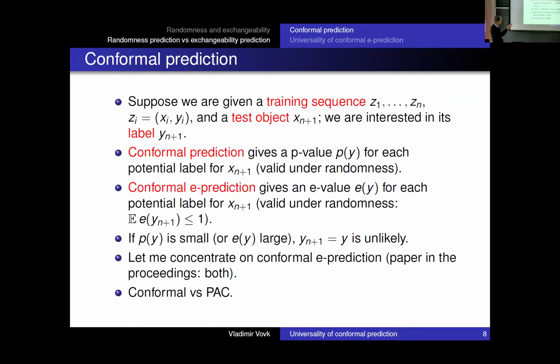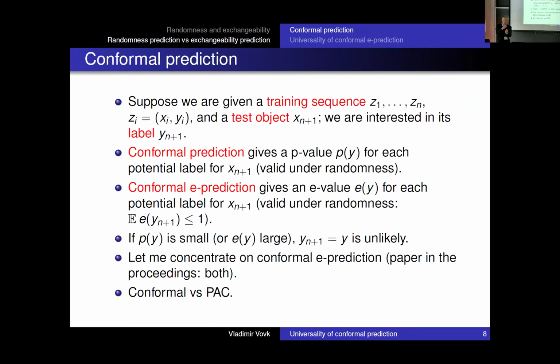So I will be talking about conformal prediction at a high level. So one way to view conformal prediction. Ashwin gave some picture. Another picture, which is equivalent, is that conformal prediction gives a p-value for each potential label for your test object.